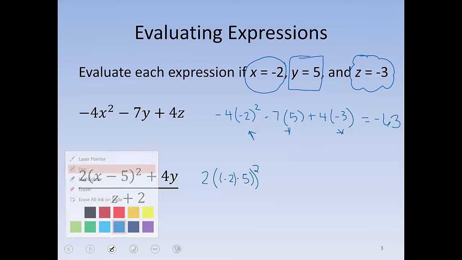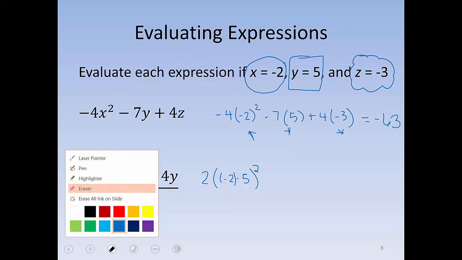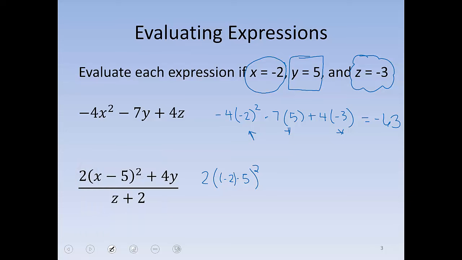I do. Let's erase that. We have too many parentheses. There we go. The ones are for the negative, and the other one is for the quantity that is being squared. Okay, let's keep going. Then I have 4 plus 4 times the 5, and in the denominator I've got a -3 plus a 2.